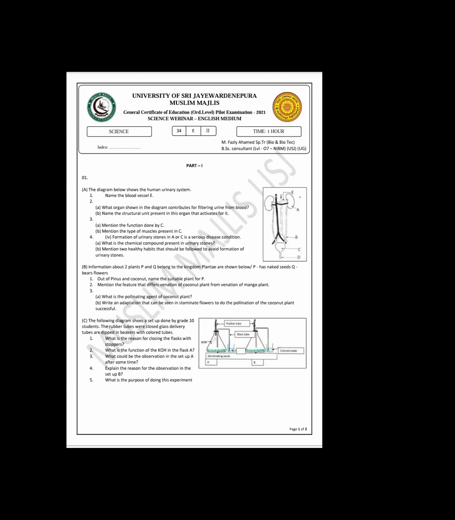Urea, uric acid, salt and water. These are the excretory components of the urine.